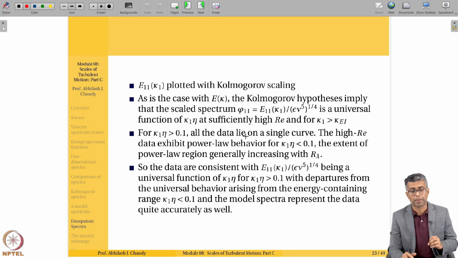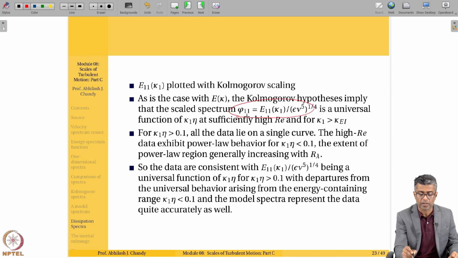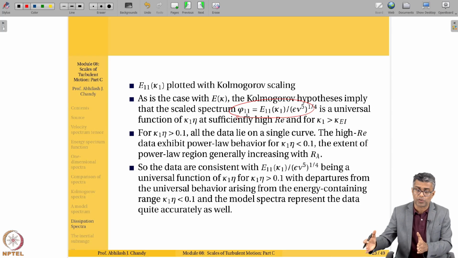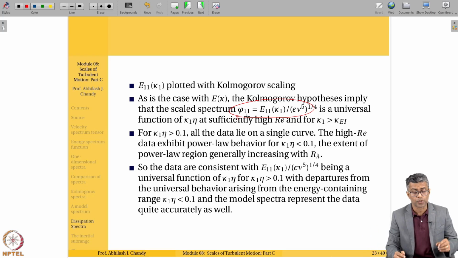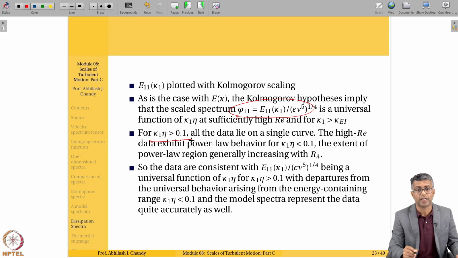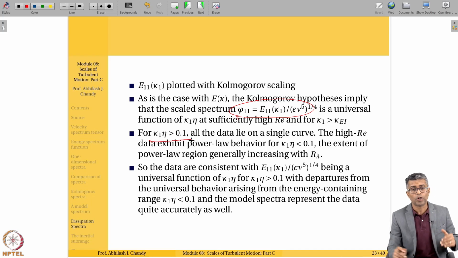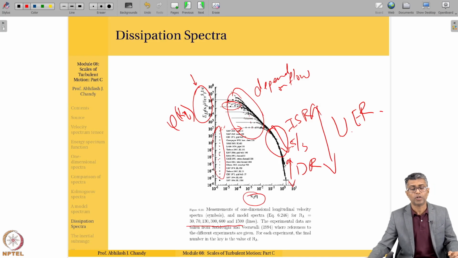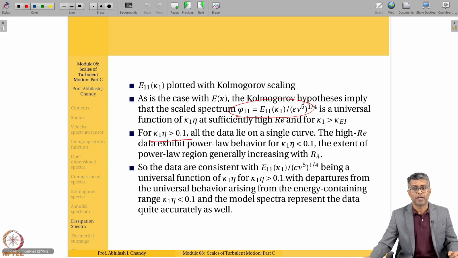They imply that this function here is a universal function of kappa 1 eta at sufficiently high Reynolds numbers, and for kappa greater than kappa EI, as in the universal equilibrium range. So in this particular figure, you will see that for kappa eta greater than 0.1, all the data lie on a single curve. That is what you're seeing here. All the data lie on a single curve, isn't it?